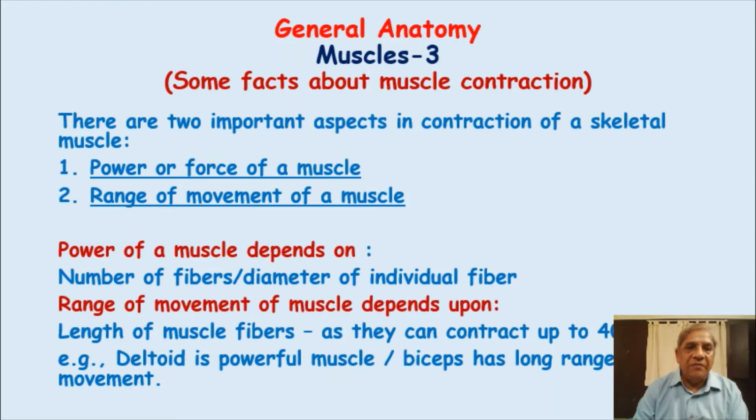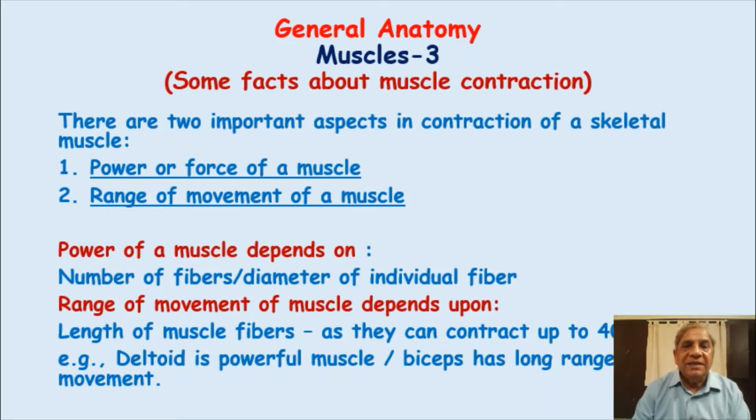One is the power or force of a muscle. As I said, some functions need power, so some muscles, while contracting, generate great power. They are very powerful, or their contraction force is much more as compared to other muscles.